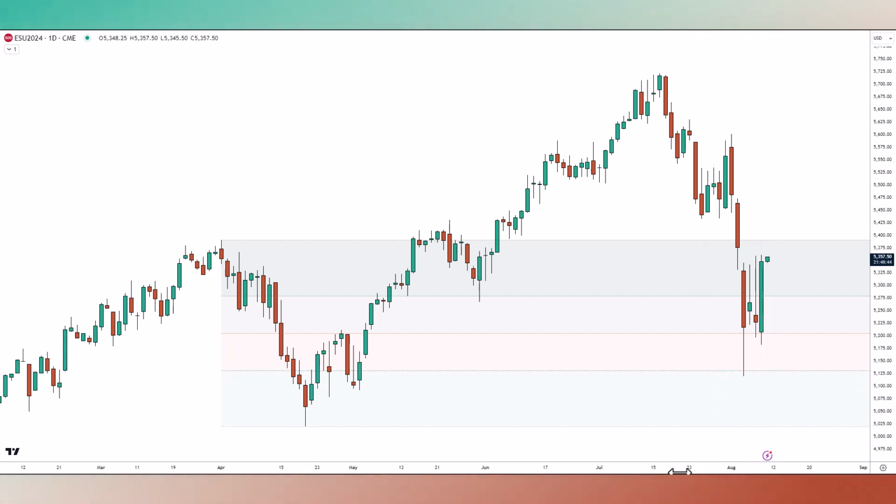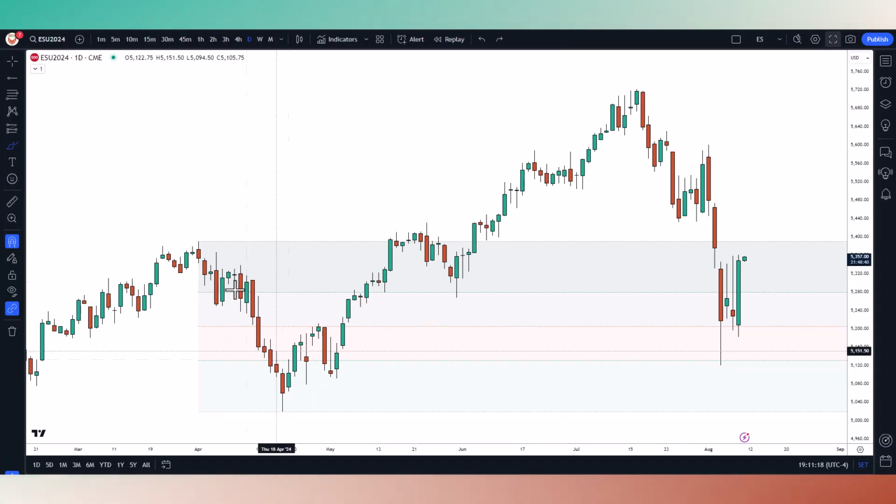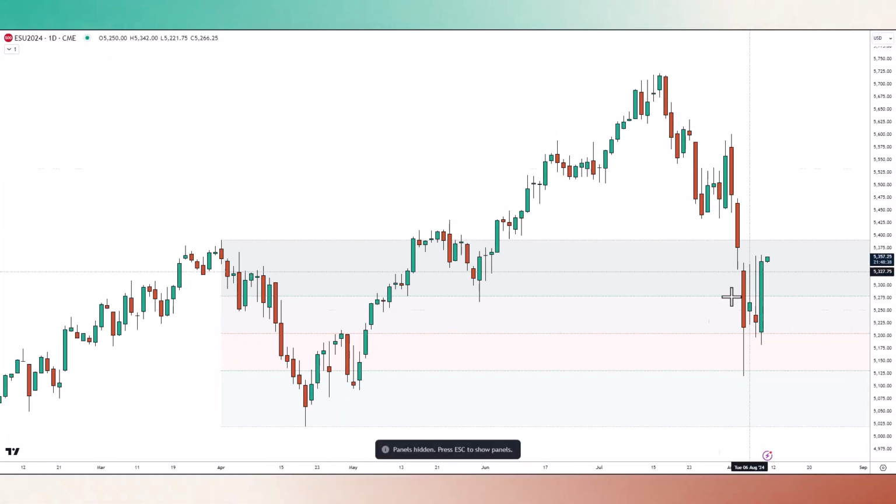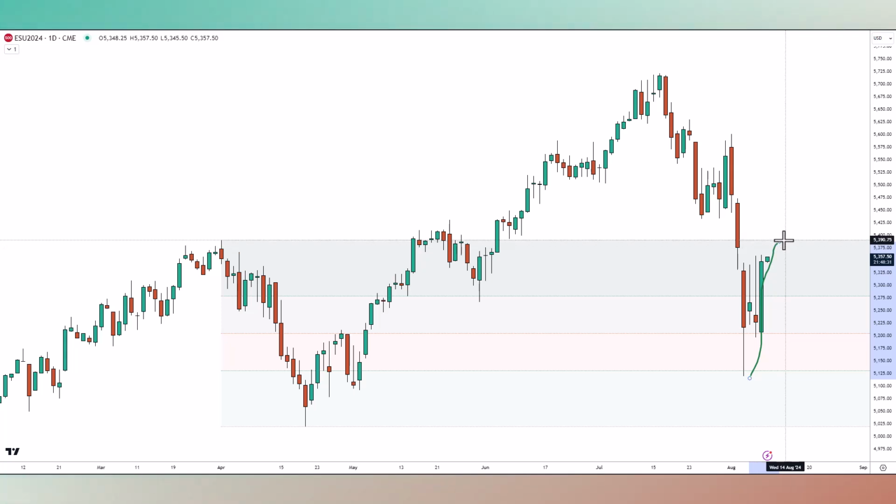You see that we tapped in exactly at the 70%. You see that in here, tapped in exactly at 70%, and we are leaving the range to trade at the extreme.